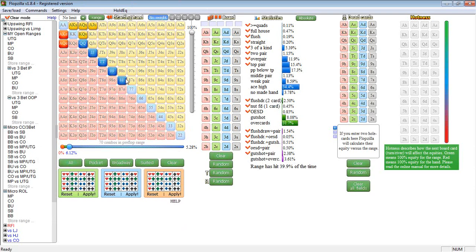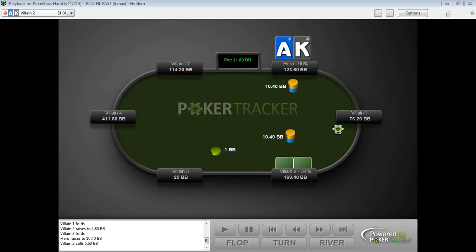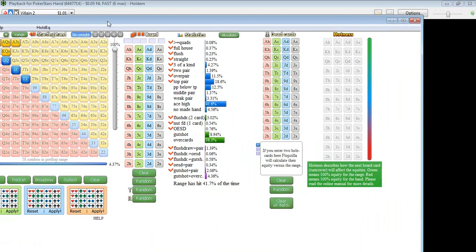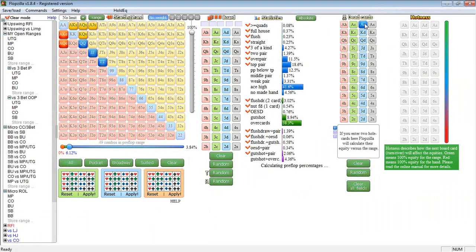We'll take out 9, 9, 8, 8, and we'll say that this is his calling range for a 4-bet. And we have ace of diamonds, king of spades. So we have 56% equity versus range.